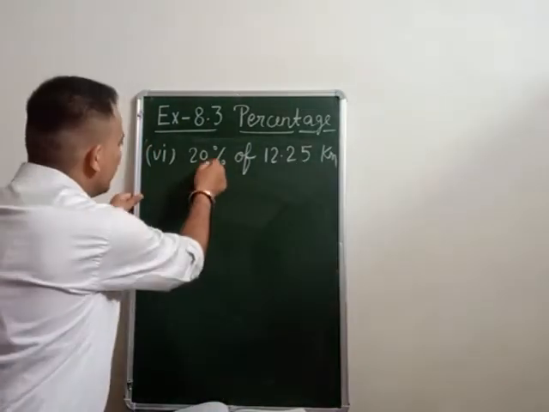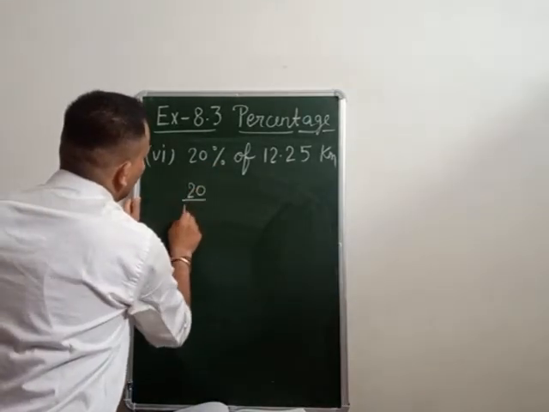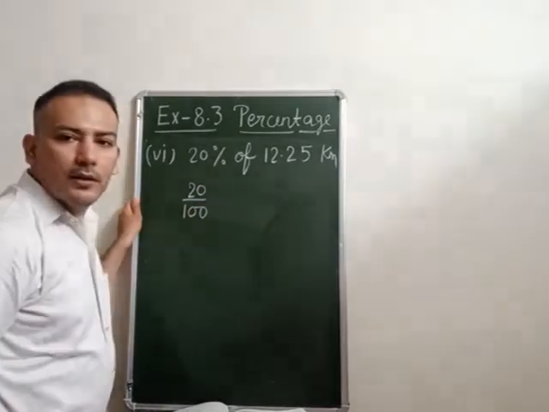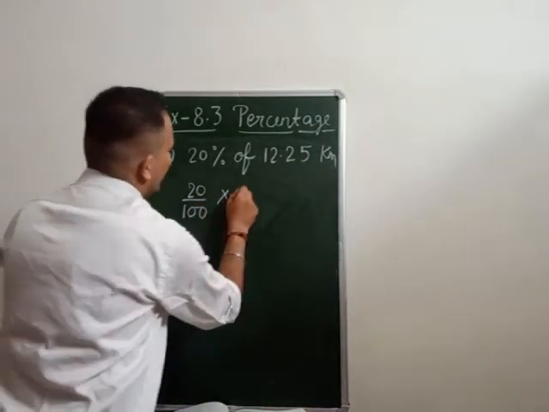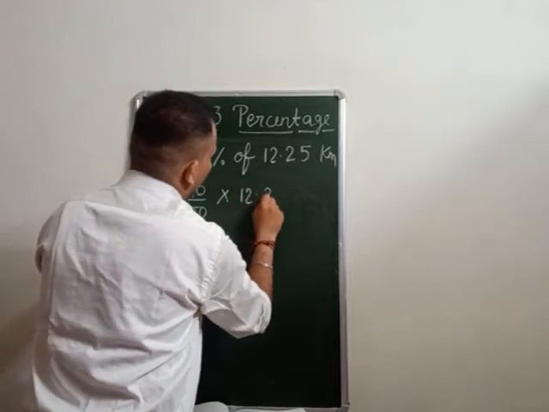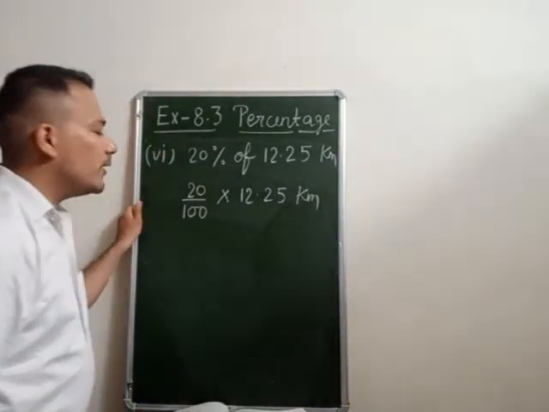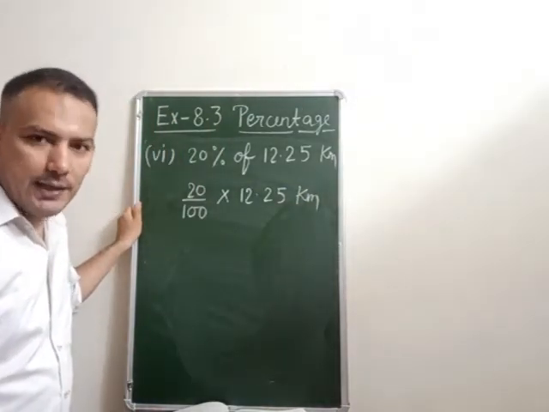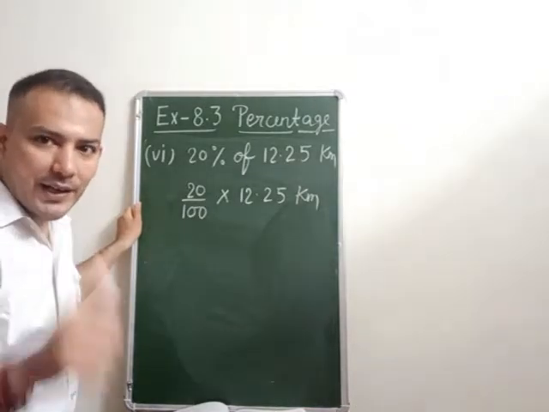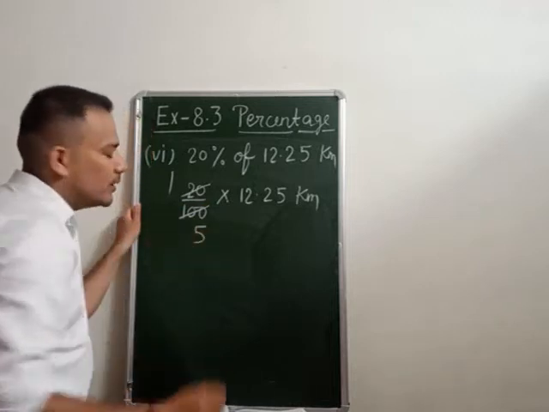First we are going to remove the percent, and what will happen? 100 will come as a denominator. Then at the place of percent, multiply 12.25 kilometer. And now what can we do? Up and down we can divide any number. Yes, 2 1s are 20, 2 5s are 100.